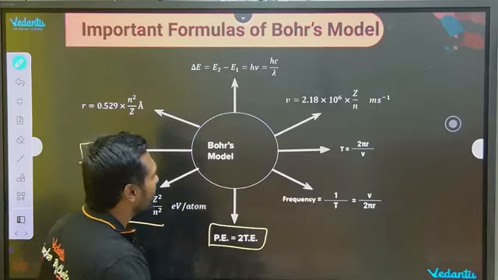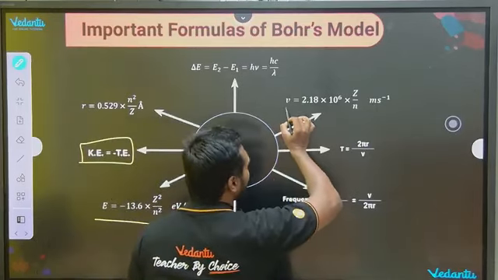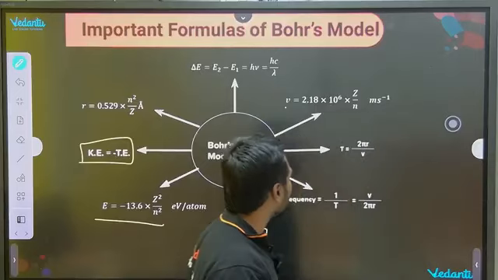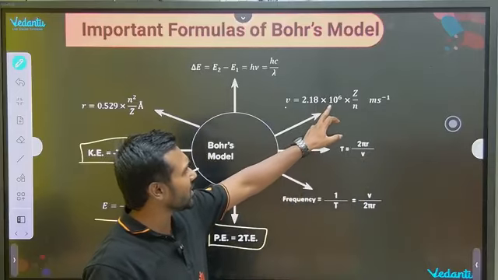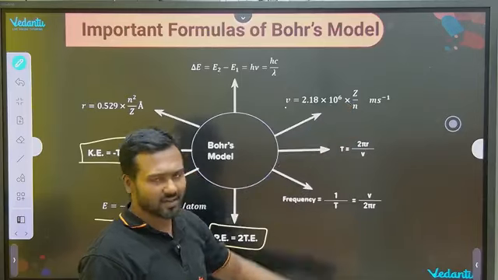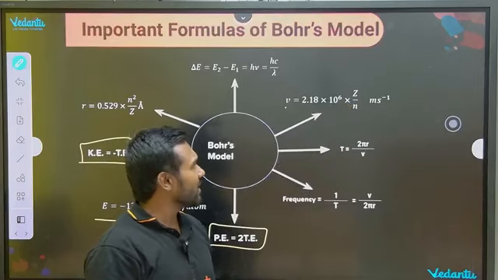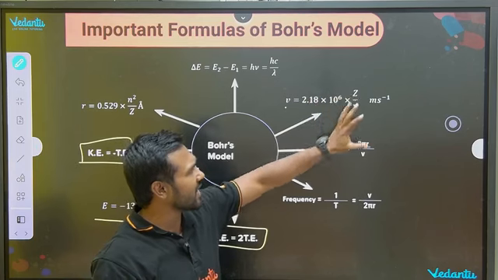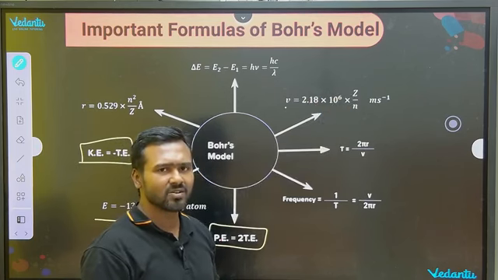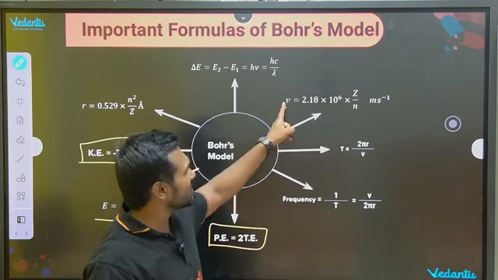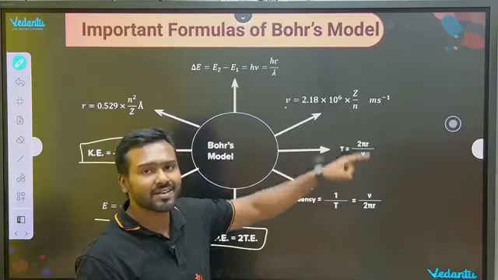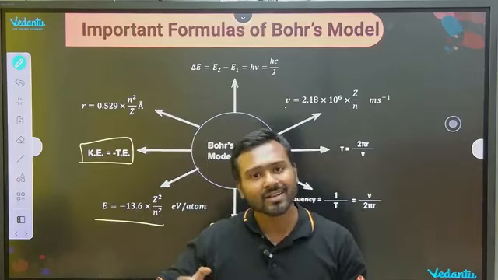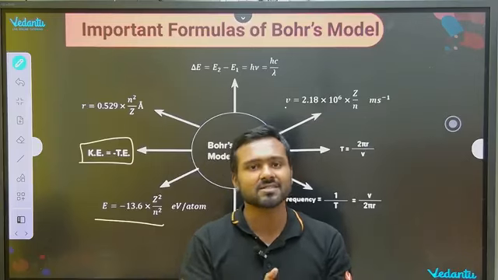Right? And the velocity of an electron revolving in a particular orbit is nothing but 2.18 into 10 to the power of 6 into Z by n. This value is a constant, and considering hydrogen, Z is 1. Then the velocity is inversely proportional to the orbit number. That means as the orbit number increases, the velocity decreases.